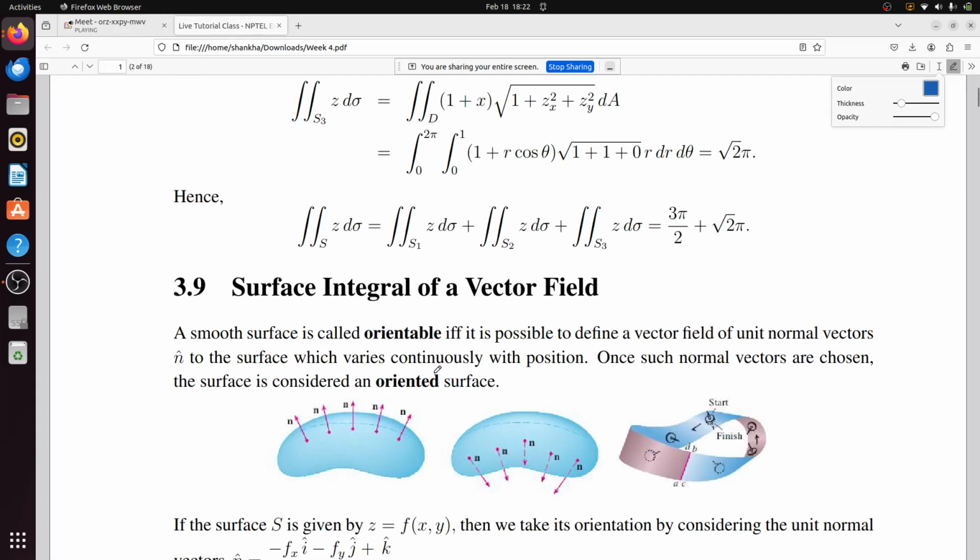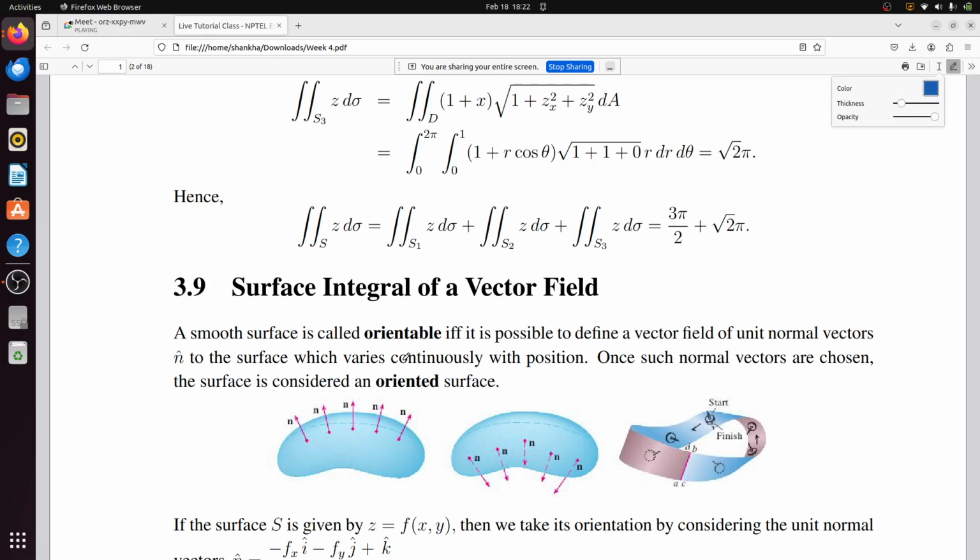In the last class we learned about the basics of surface integration, and only one theorem, Green's theorem, which interconnects surface integral as well as line integral.